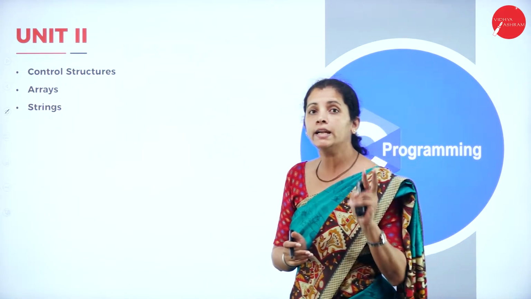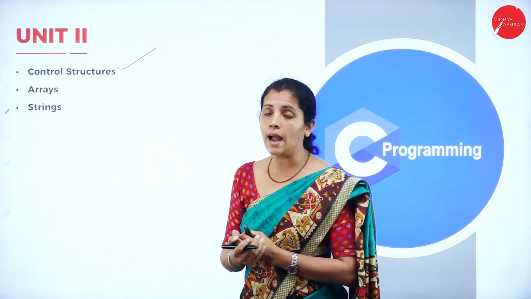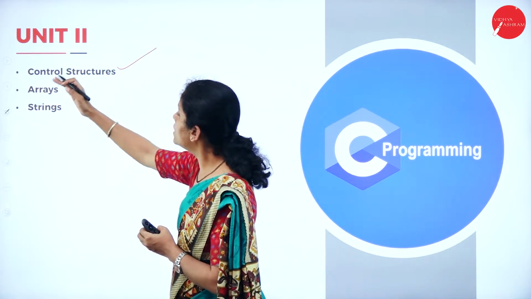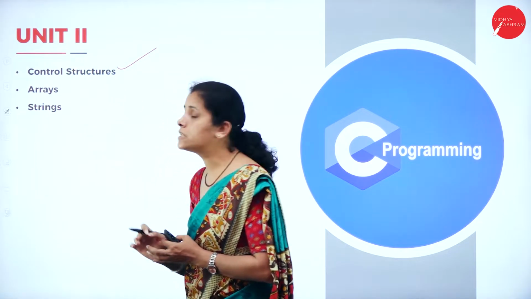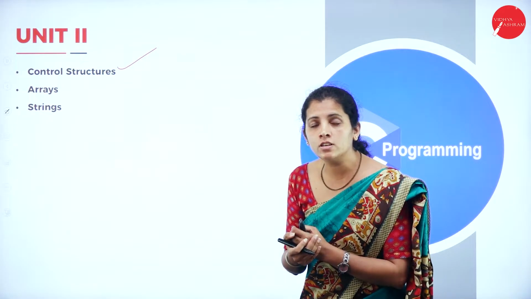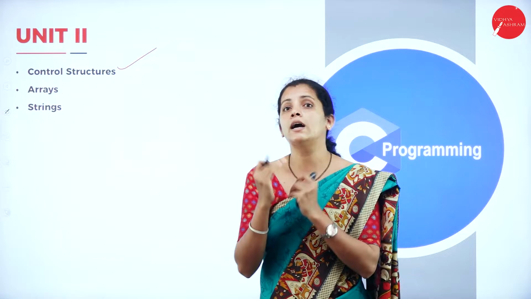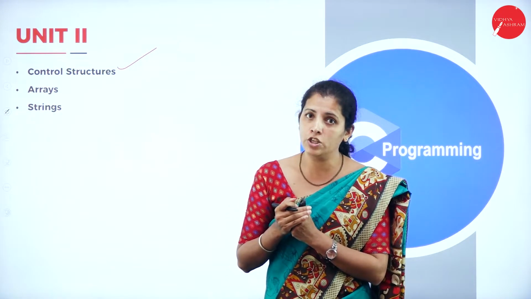So dear student, under the second unit, once again I'm going to get 3 chapters, that is control structures, arrays, as well as strings. So what is this control structure? That is nothing but how I am able to control the flow of execution.